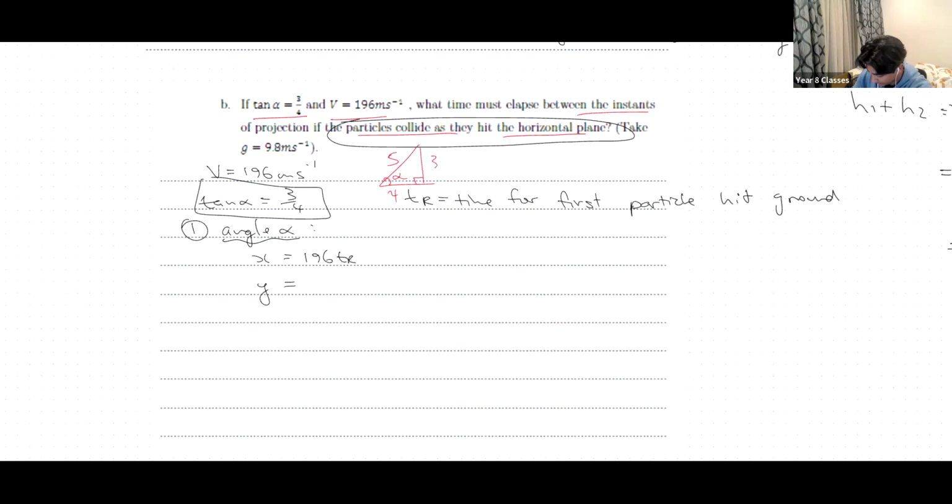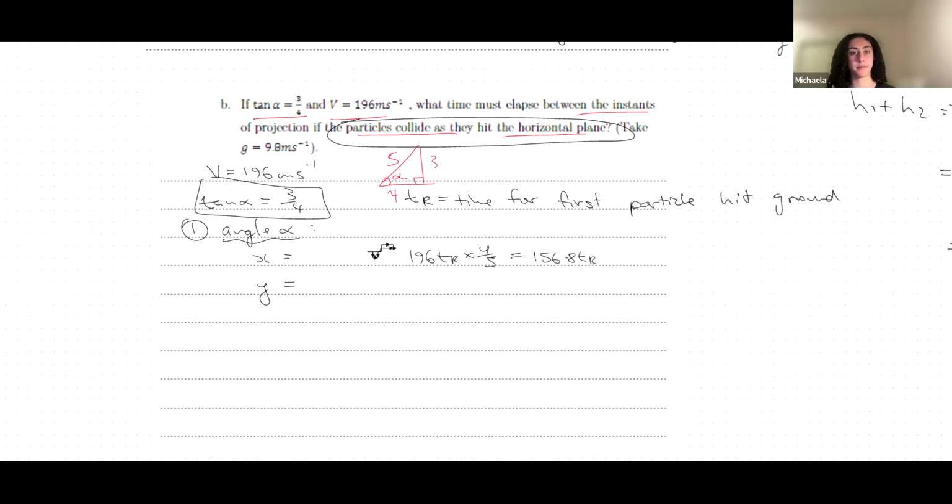So 196 TR times 4 on 5. If you just simplify the 4 on 5, multiply it in, 784 on 5 is 156.8. So 156.8 TR. What about y?